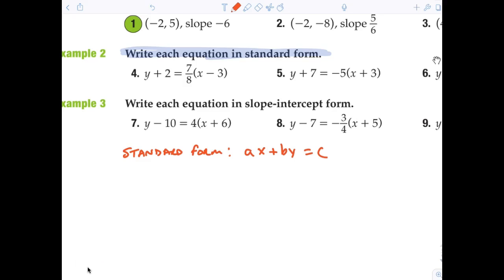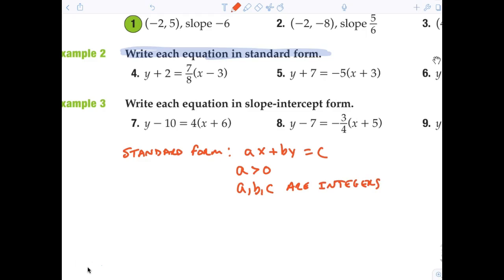Now, listen. A, B, and C are constants. All right? Now, there are some rules here. A has to be greater than 0. A, B, and C have to be integers.